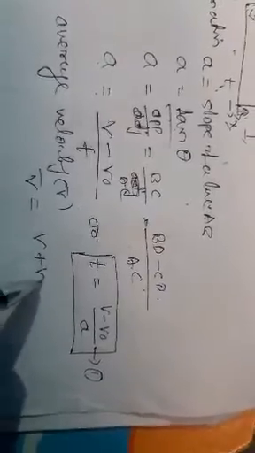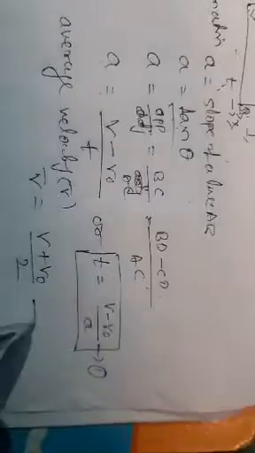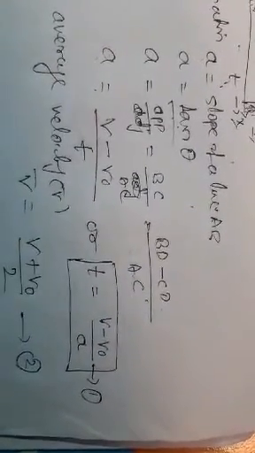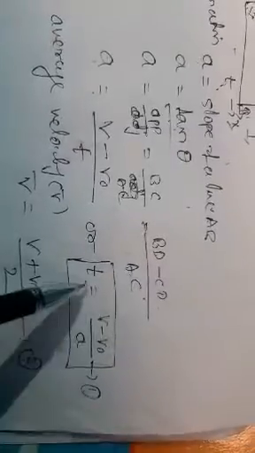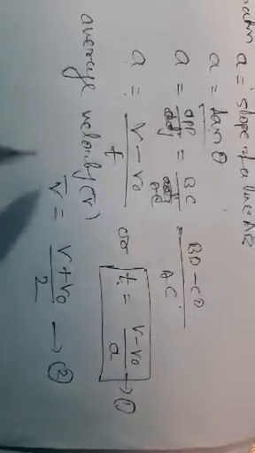The v bar is equal to v plus v0 by 2. That is the average velocity, called equation number 2. Equation number 1 is time, and equation number 2 is average velocity.